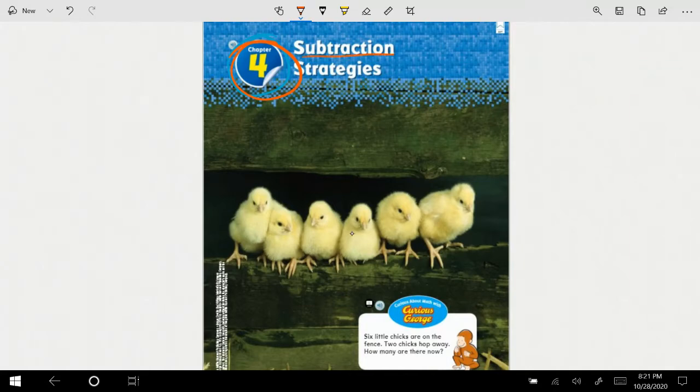There's our title. Okay, and then George down here has a question for you to think about. He says, 6 little chicks are on the fence. Okay, you can see that goes with the picture. 2 chicks hop away. So let's say that these 2 chicks are going to go hop away. Okay, how many are there now?